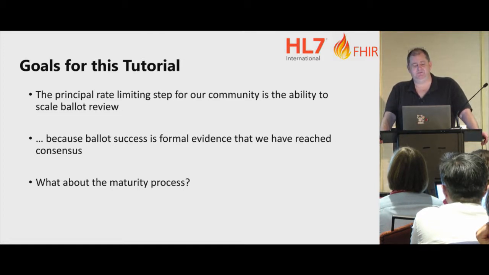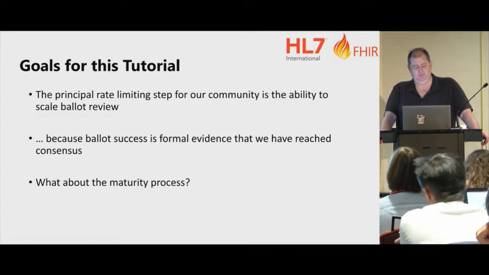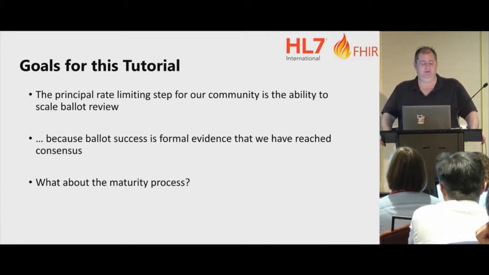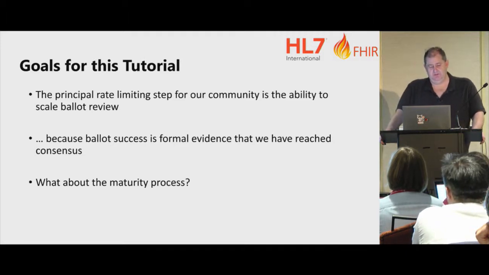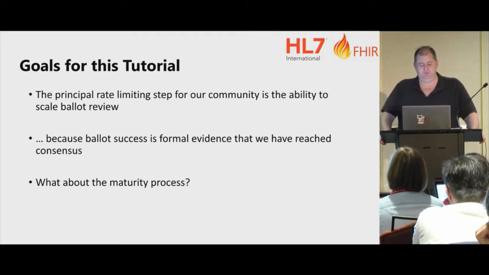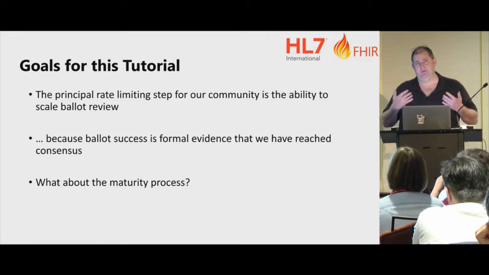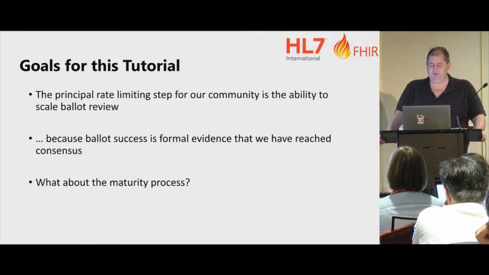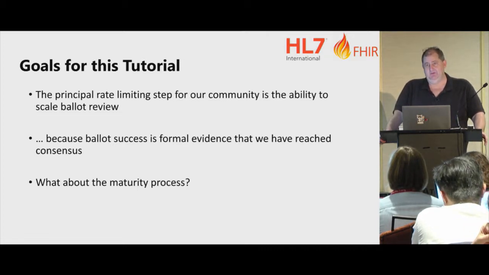So partly this tutorial is about improving the ballot process, and also because we want to improve the overall maturity process. I'm talking about implementation guide review with a focus on ballot, but it's really more about parsing and understanding implementation guides.